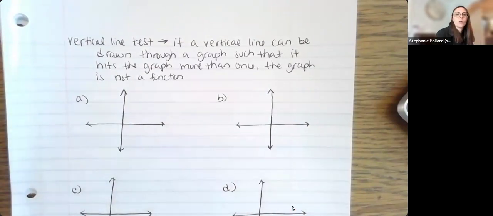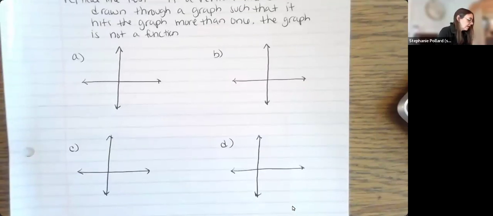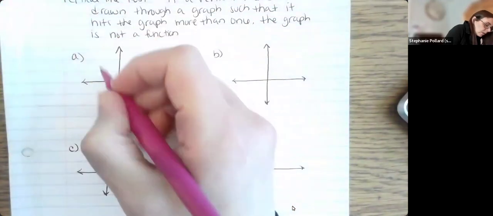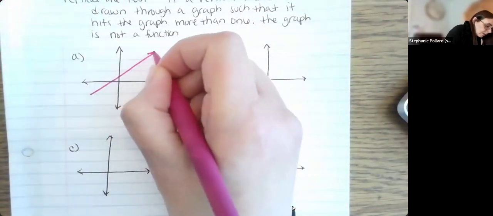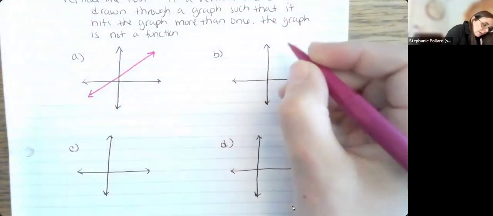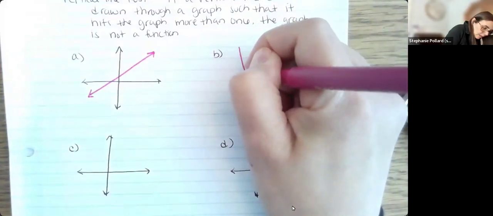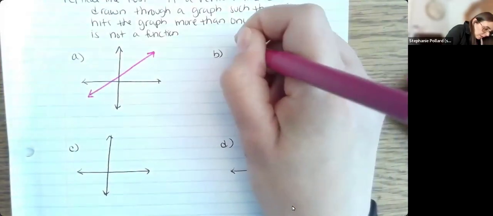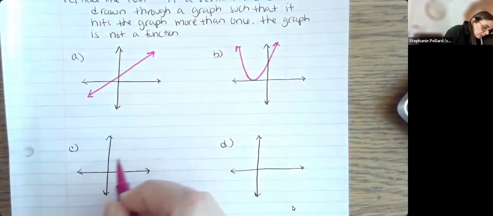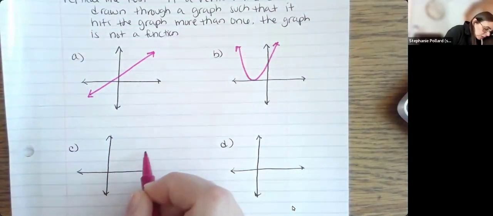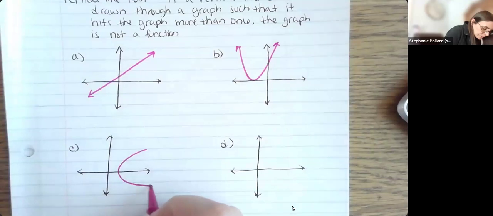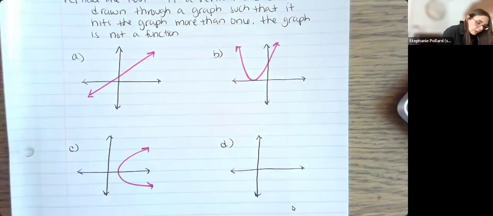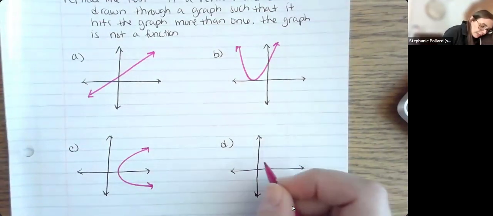All right, we'll start with 4 and then we'll see if that's good. So let's do our first picture here. I'm just going to do a line. This one, I'm going to do a U shape. This one, I'm going to do a sideways U shape. This one, I'm going to do a couple of points here.